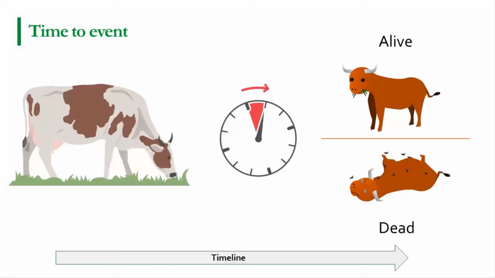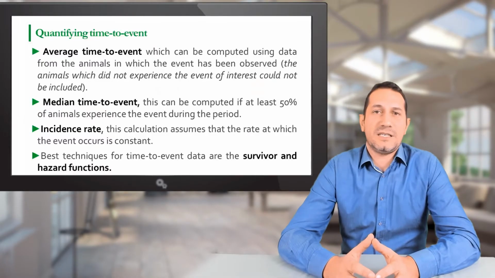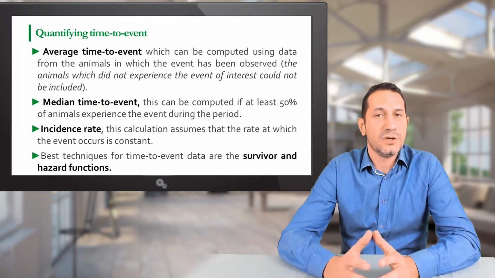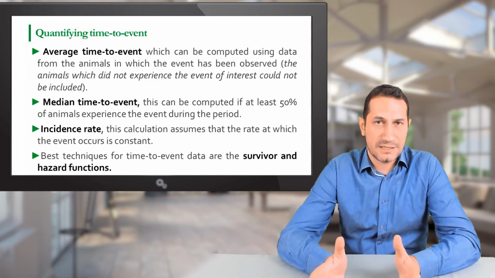So we have two variables, let's say a time variable and a variable registering the event happening or not happening. The when concept depicts the amount of time that will pass before the event occurs. But in order to quantify such a phenomenon, when and if it happens or not, what kind of techniques do we have available to measure such data?